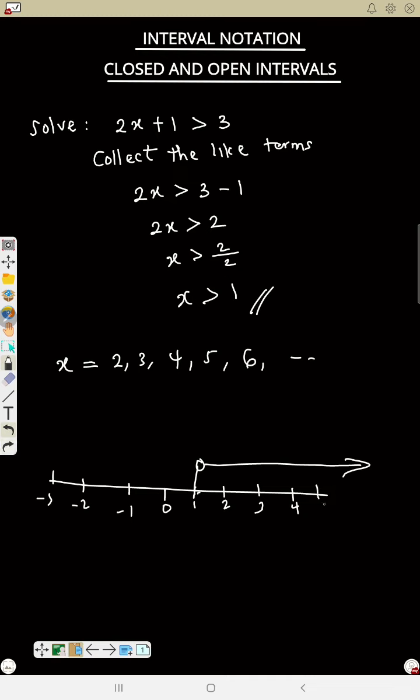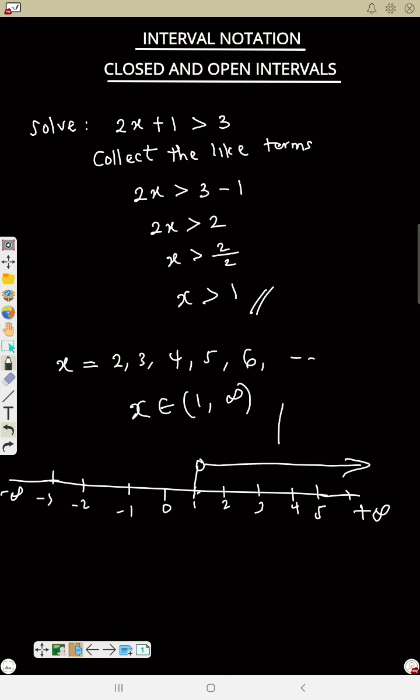Because we can't continue with 5, 6, 7, and so on, you just say plus infinity, meaning it will continue like that till infinity. That's why the interval here will be x is a member of (1, infinity). If it is this minus side, it will be minus infinity. So that is how you can represent an open interval.